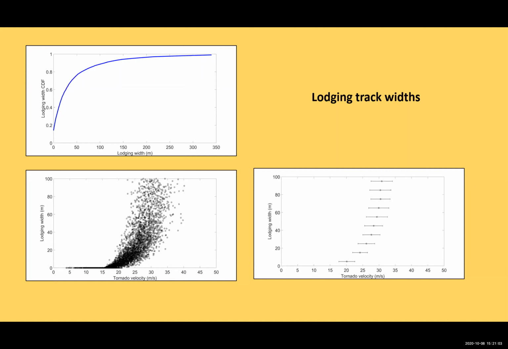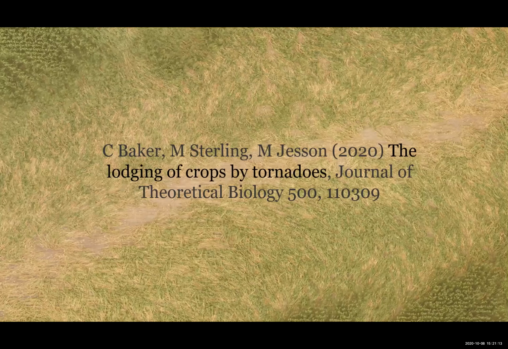Very much based on UK maize parameters rather than US corn parameters, but nonetheless possibly offering a way forward here. And again, if you want more details, I'd simply address you to that paper in the Journal of Theoretical Biology. Thank you very much indeed.